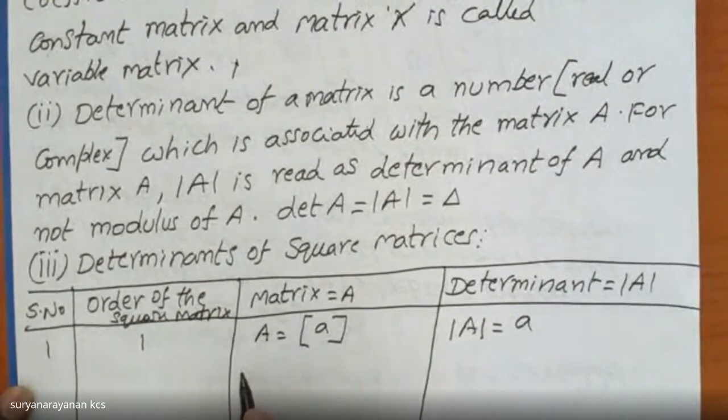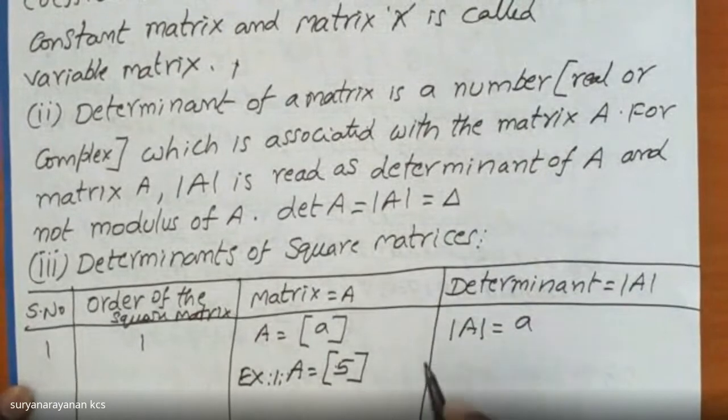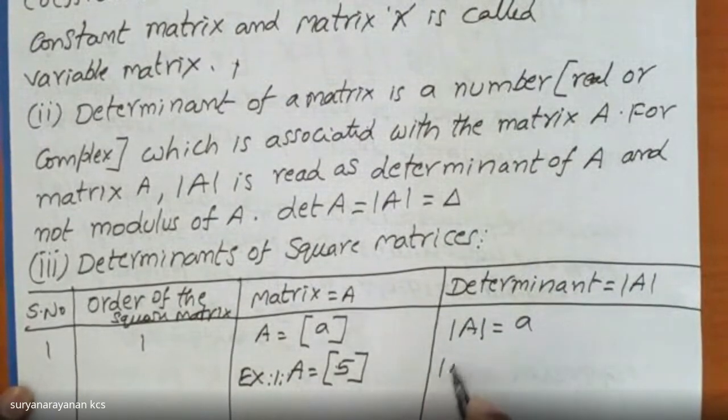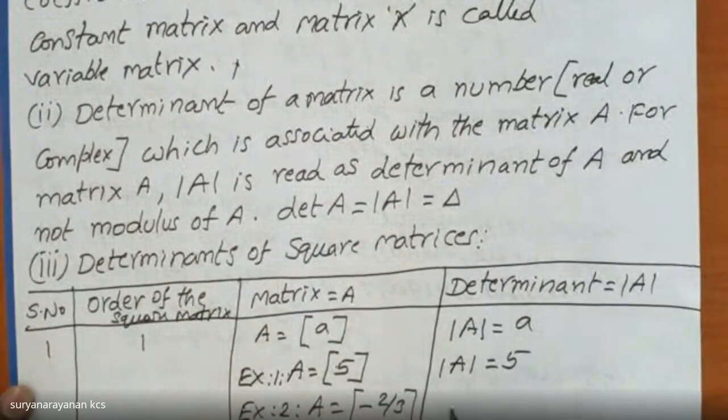For example, if the matrix is 5, then det A is equal to 5, its determinant is 5 only. Suppose the matrix has the element minus 2 by 3, then det A, the determinant of this matrix A, is equal to minus 2 by 3.